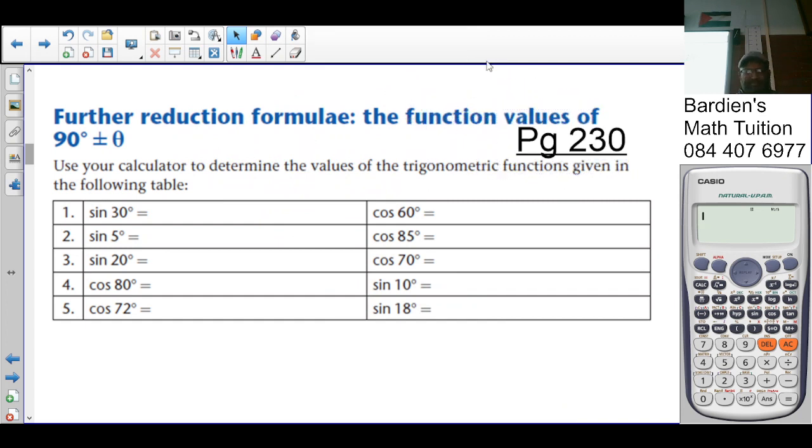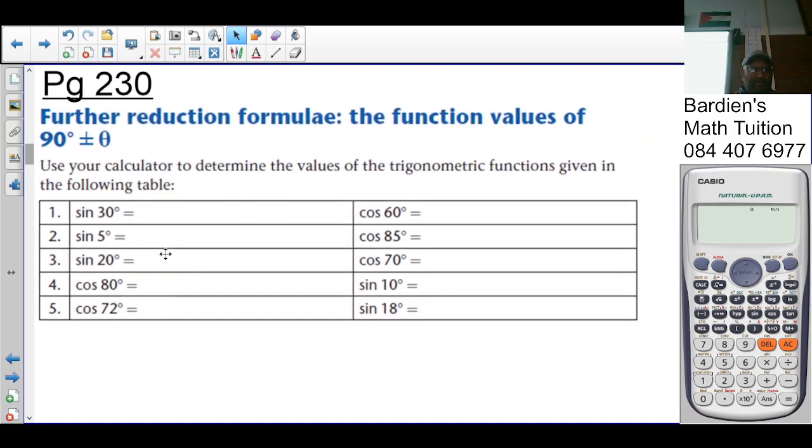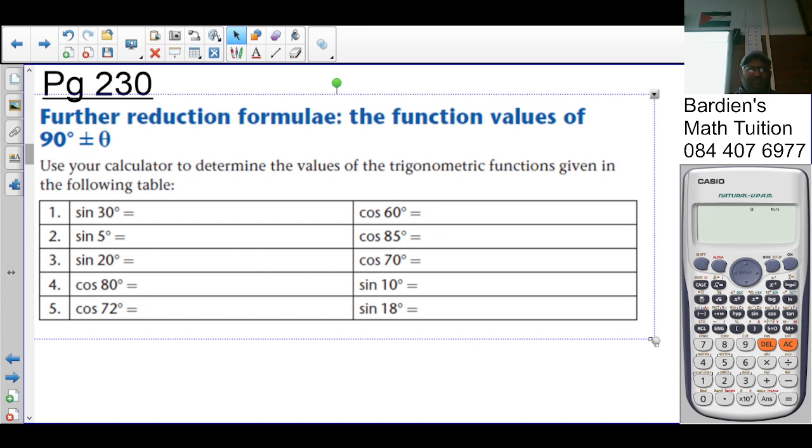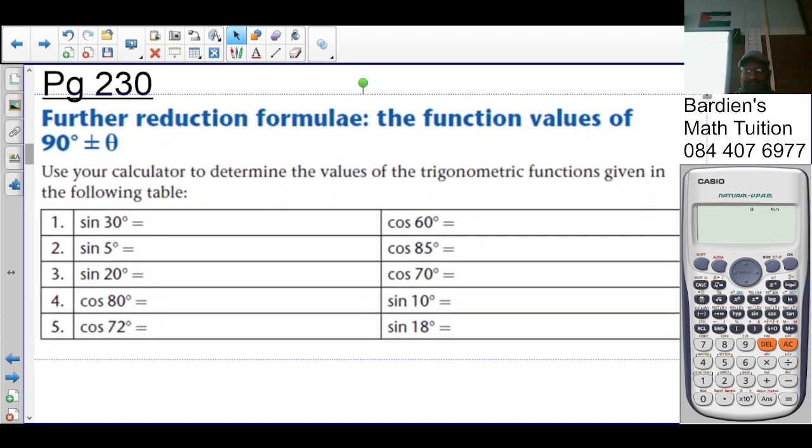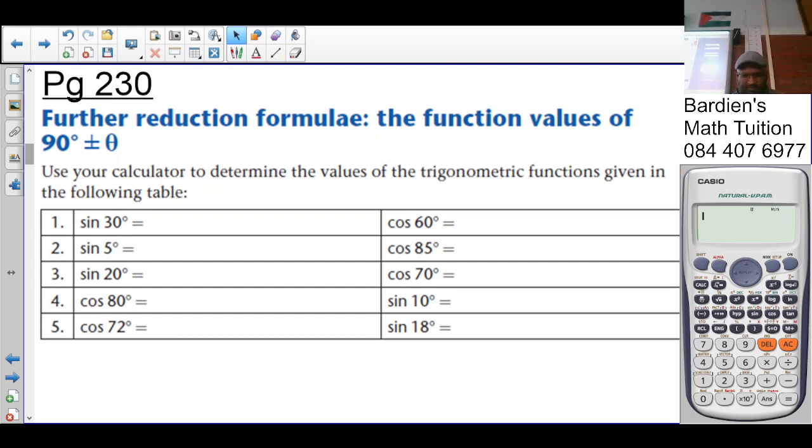Okay. So looking at this here, further reduction formulae, the function values of 90 plus or minus theta. It says use your calculator to determine the values of the trigonometric functions given in the following table. So what I want you guys to do is to draw this table. Okay. And then you punch it in your calculator and work it out for me quickly. Okay? I'm going to pause the video at this point.